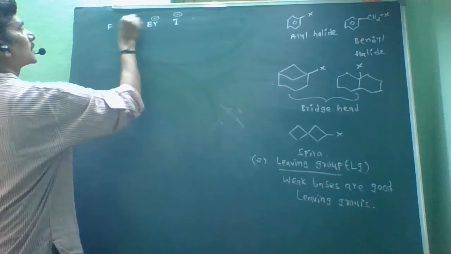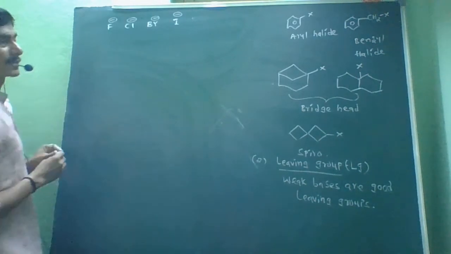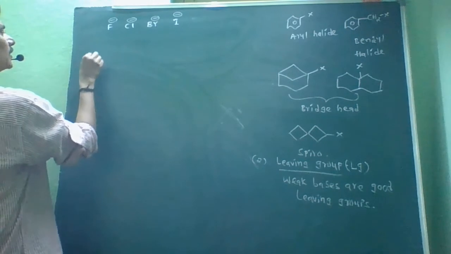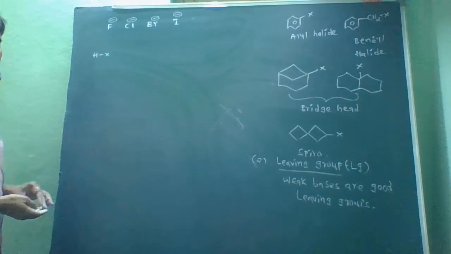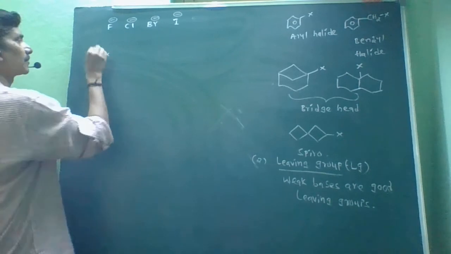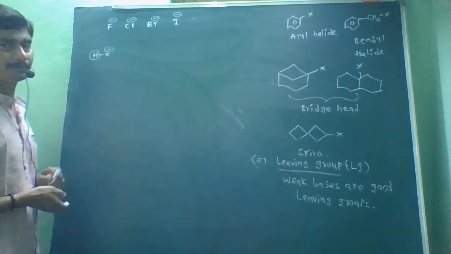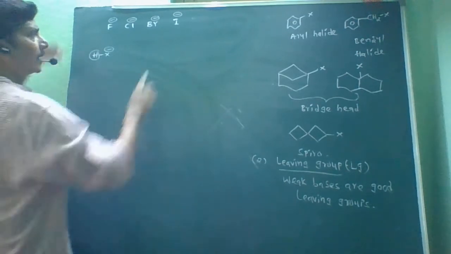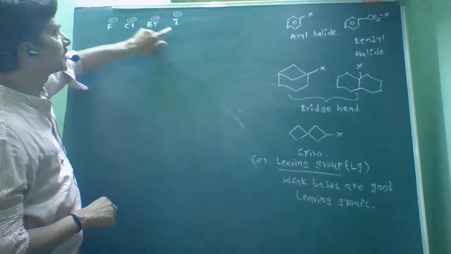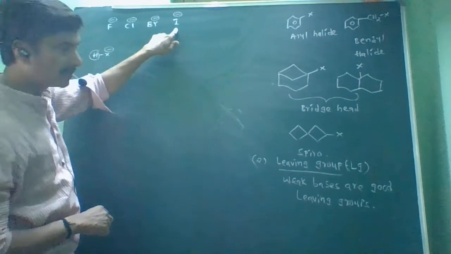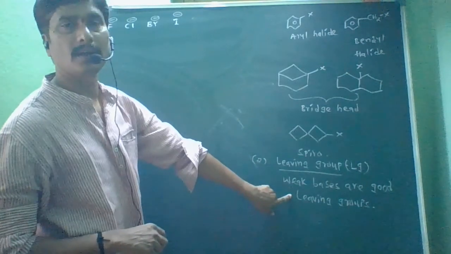Br minus, Cl minus, F minus. Generally, in a halogen acid HX, by loss of a hydrogen atom, they convert into X minus. HI is a strong acid. The conjugate base of a strong acid is weak in nature. Weak bases are good leaving groups.